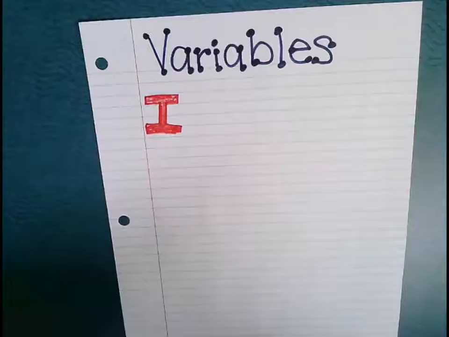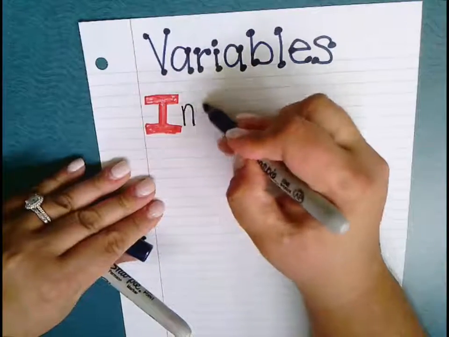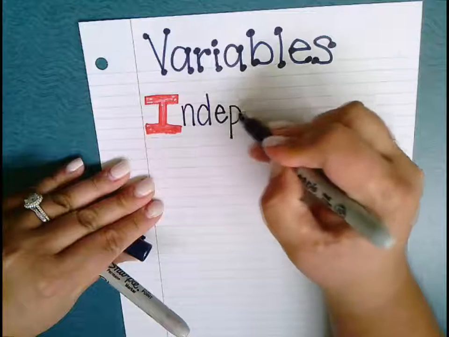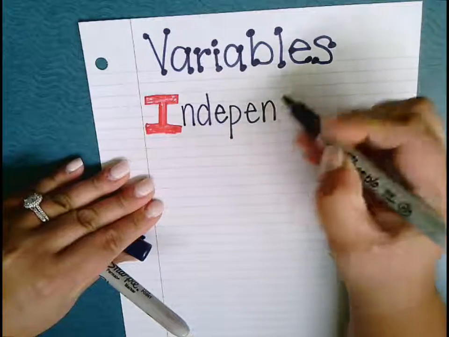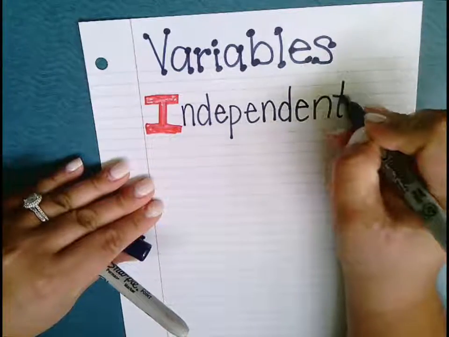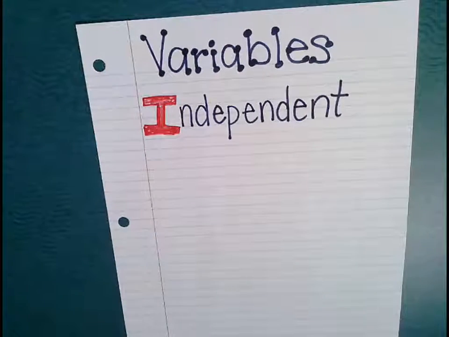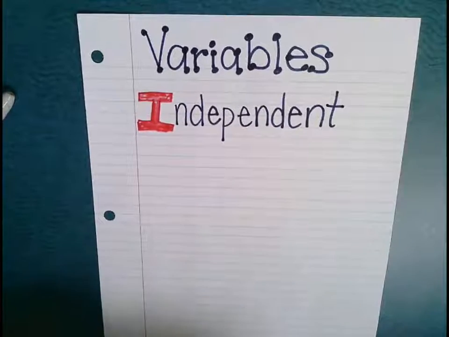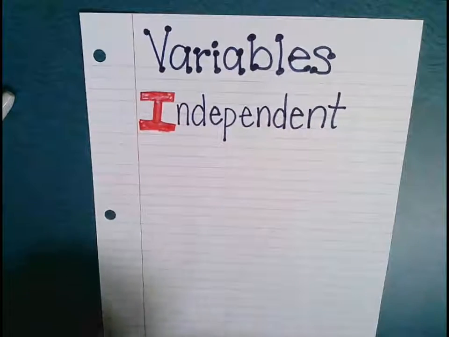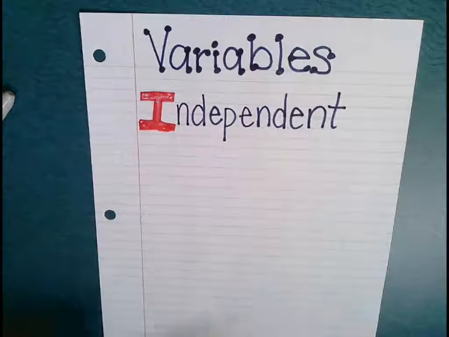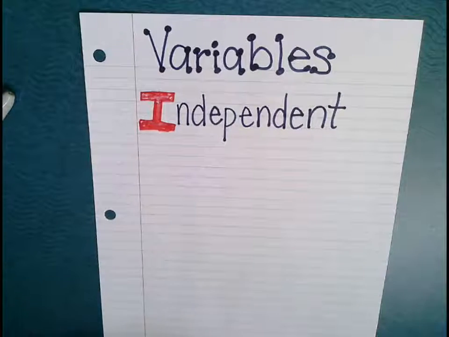This is called the independent variable. And this is called the independent variable because it means that you change it. So whenever you are doing the experiment, whatever I change is going to be the independent variable.